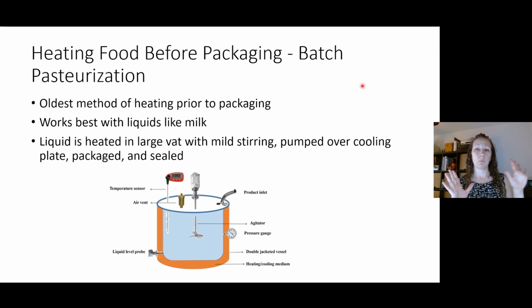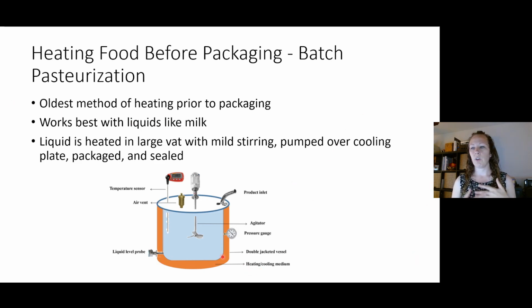So that was heating foods after packaging, and now we'll talk about heating foods before packaging. The first method here is one of our pasteurization methods. It's batch pasteurization, and I think we've talked about this before, but it's the oldest method of heating prior to packaging.